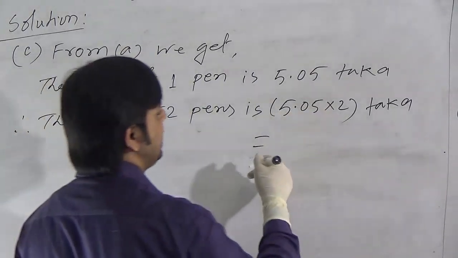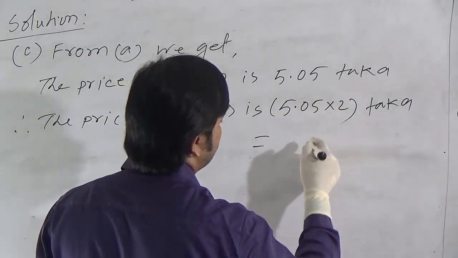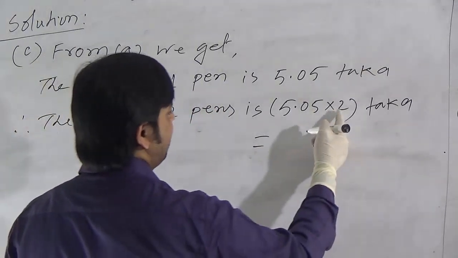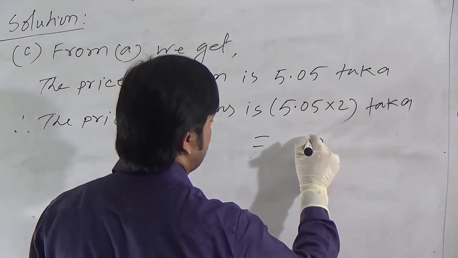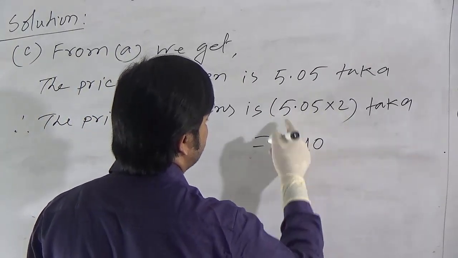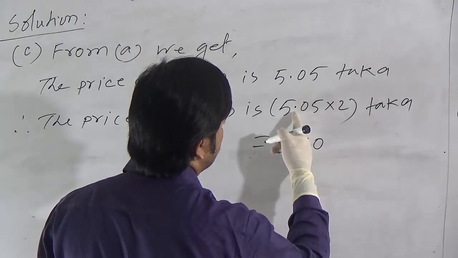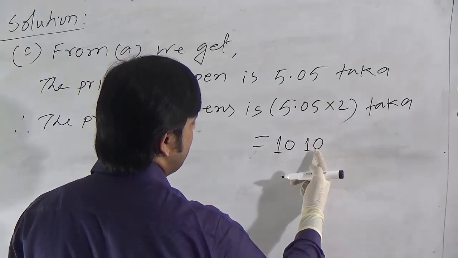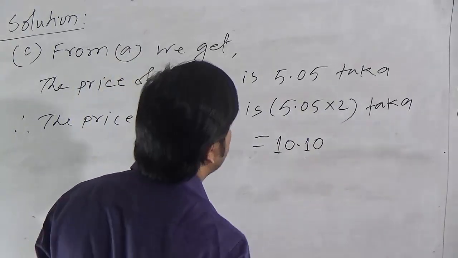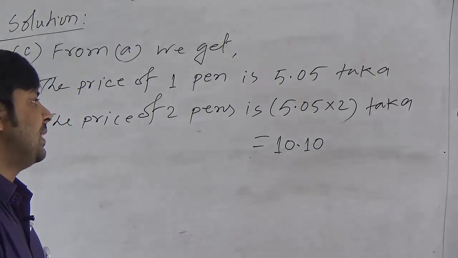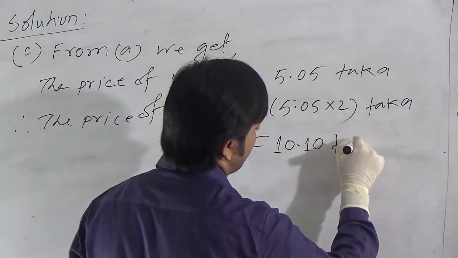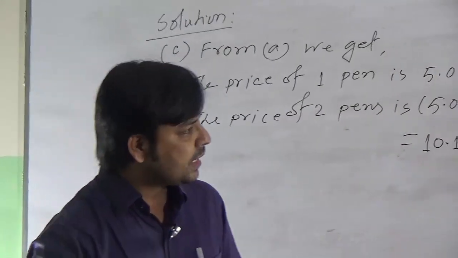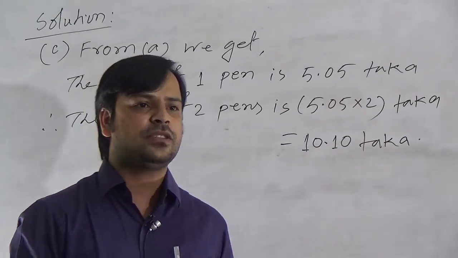If we multiply this by 2, 5 2s are 10, so 0 here, 1 remaining. 2 zeros are 0 and 1, so here will be 1. Now 5 2s are 10 again. Now count the digits after the decimal, 1 2, so put the decimal here, counting the digits from left to right. This is the price of 2 pens. Our condition is the price of 2 pens is equal to the price of 1 pencil.